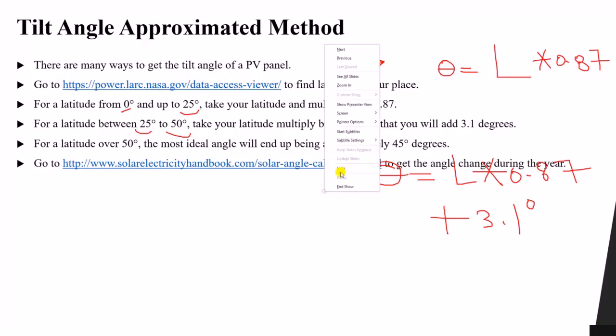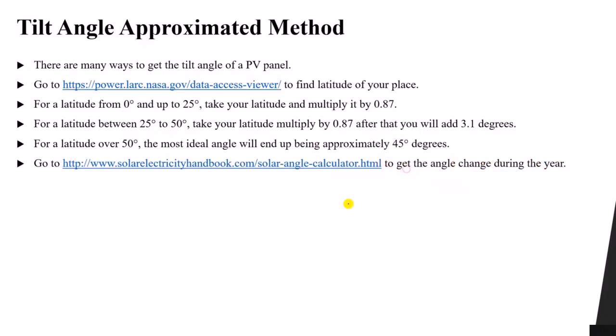Now another method. Let's say you can change the orientation of your panel, or you have a tracking system. In this case you will go to this website. This website will give you the solar angle during the year, so for each month you will have the best angle.